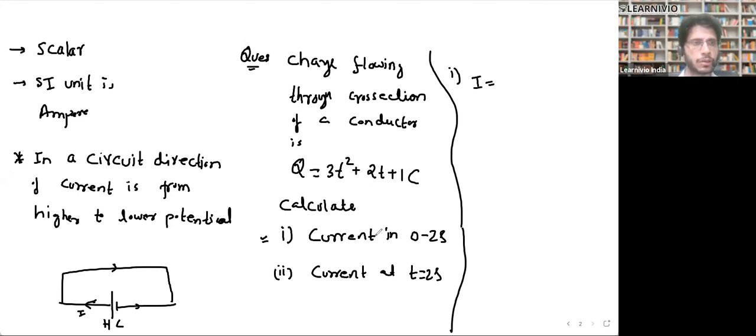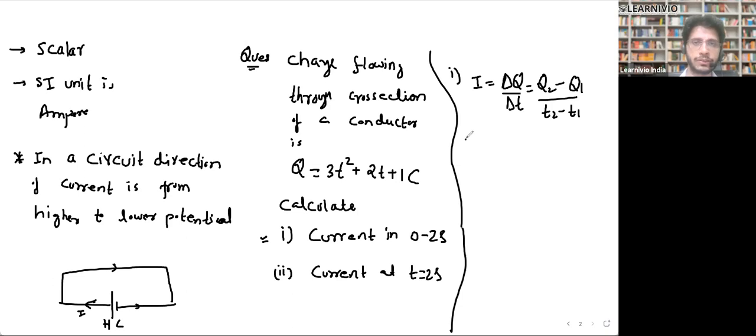Fatma, in the first part, are we calculating average or instantaneous? Average, because the interval is given. And average we write as delta Q by delta T. Delta Q means change, final charge minus initial charge. Delta T means change in time interval, T2 minus T1.